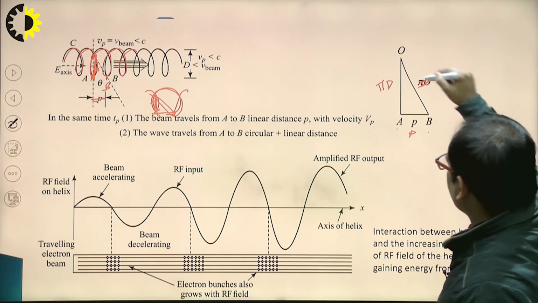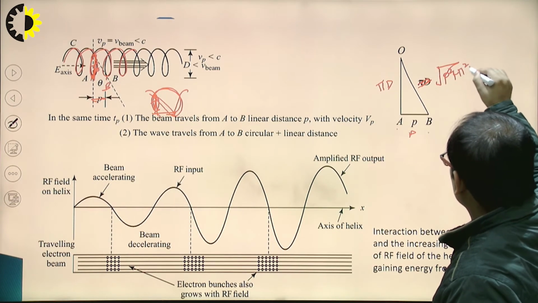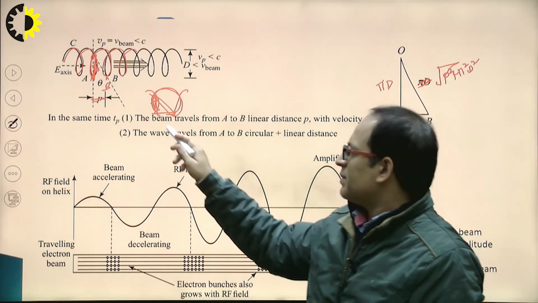The overall OB comes out to be the square root of p squared plus pi squared d squared. Clear? So in the same time, the wave travels.